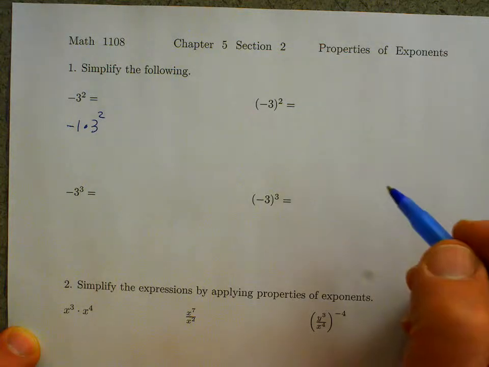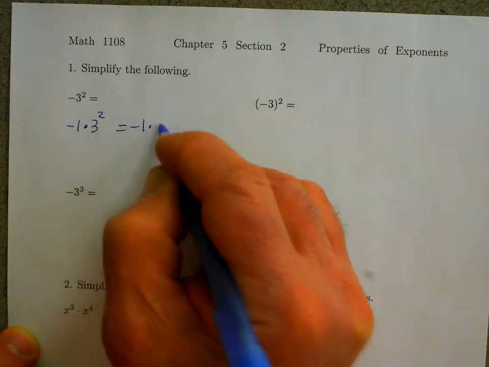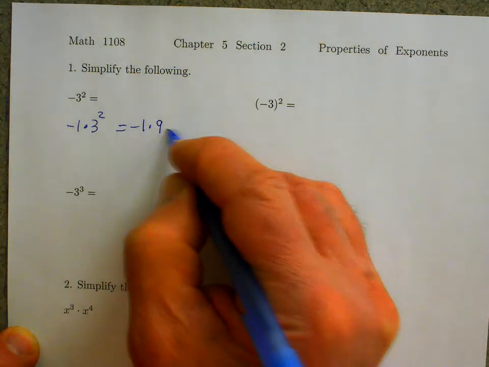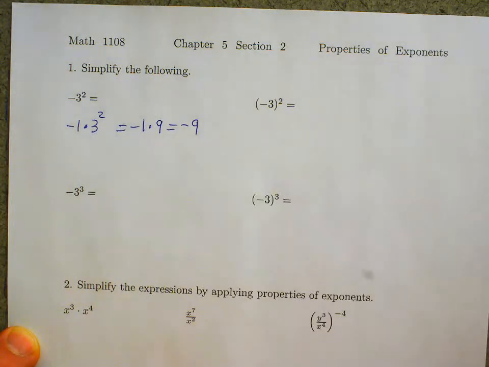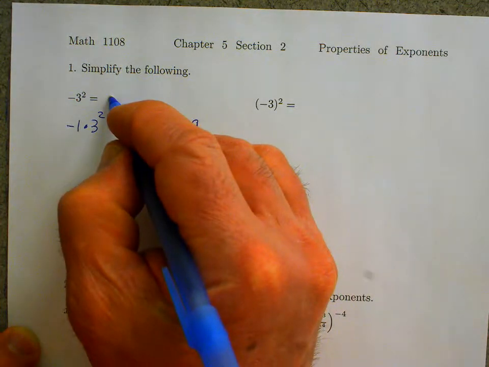So negative 1 times 3 to the second is negative 1 times 9, which is negative 9. Okay, so the negative of 3 to the second is negative 9.